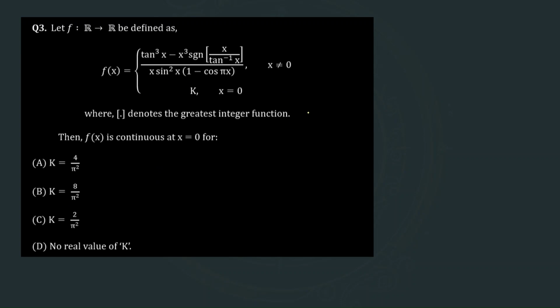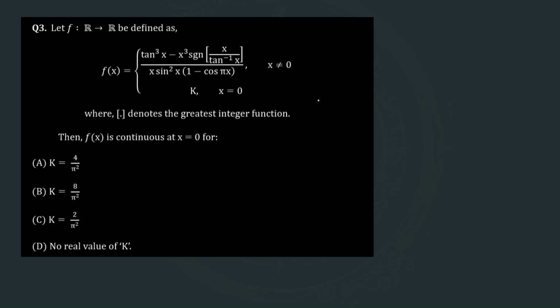Now we know by the definition of continuity of a function, if a function is continuous at x equal to 0, then f of 0 should be equal to limit x tending to 0 of f of x. But limit x tending to 0 of f of x exists only if both the limits from right hand side and left hand side are equal.